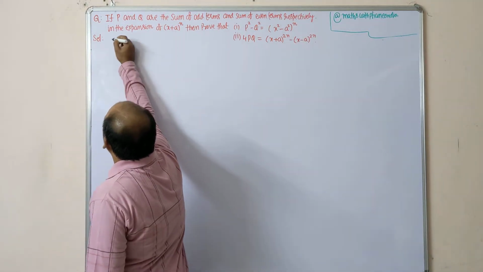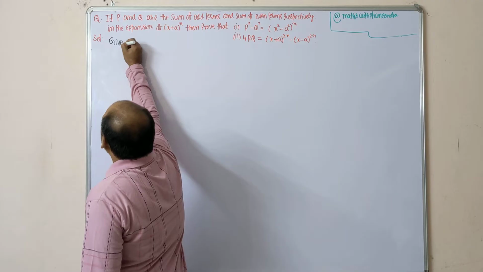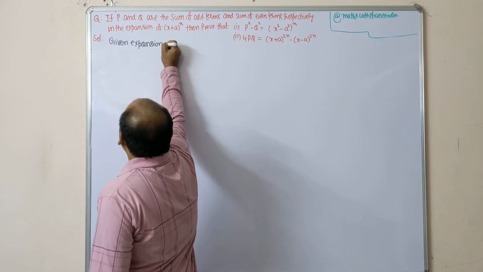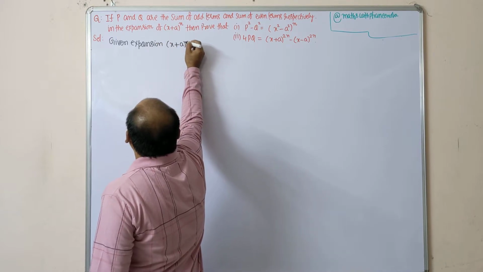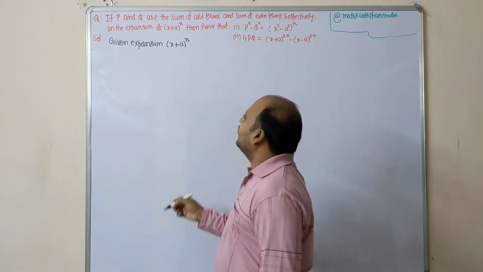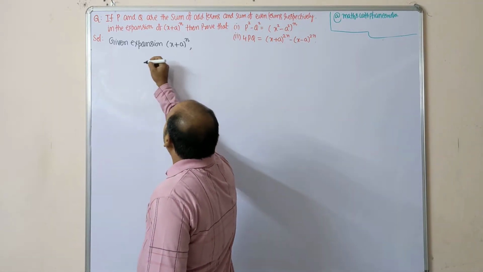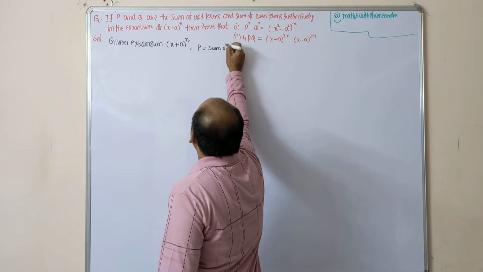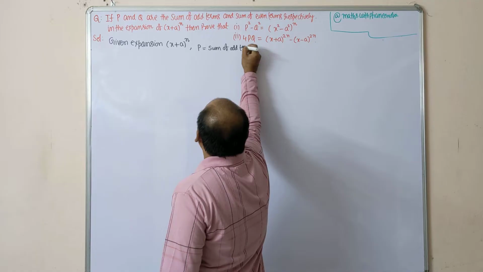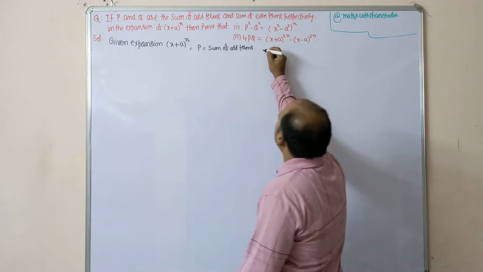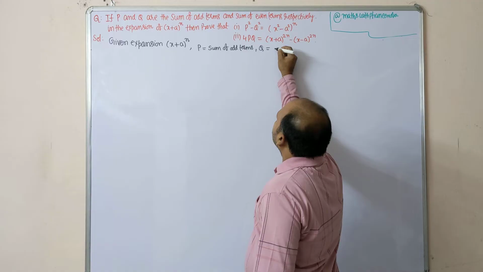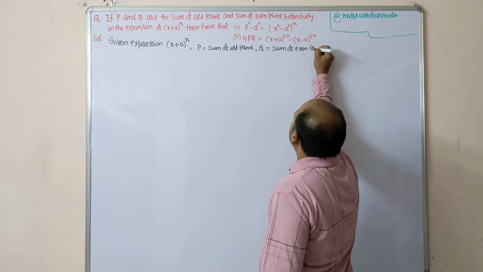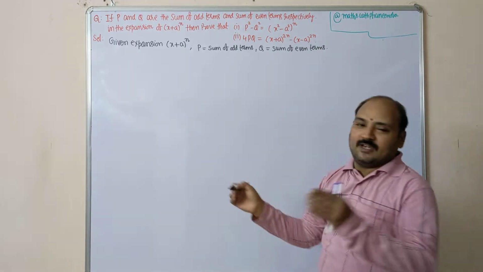So first, given the expansion (x plus a) whole power n, in this expansion, P represents the sum of odd terms and Q represents the sum of even terms. So this information they provided.